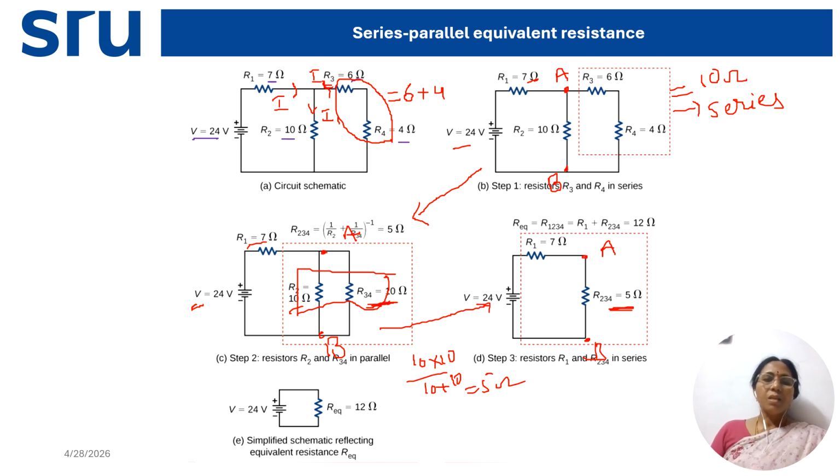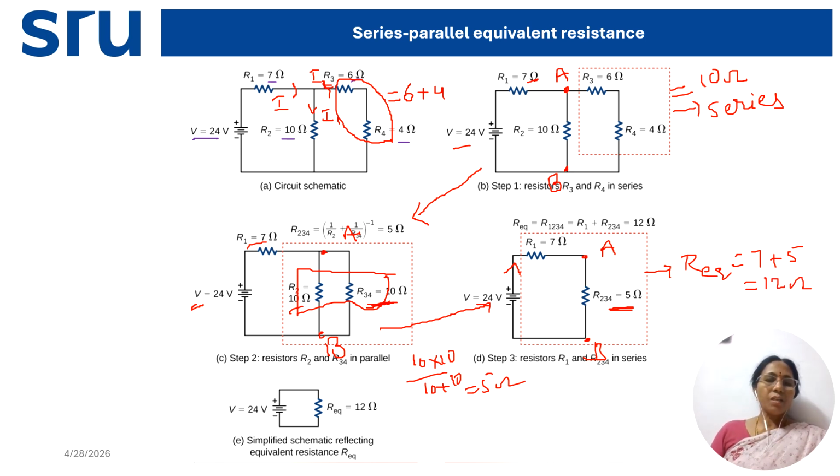Now when you look at this network, the 7 and 5 carry the same current, whatever current is delivered by this voltage source. Now what is R equivalent here? The 7 and 5 are in series, so R equivalent equals 7 plus 5, which is 12 ohm.